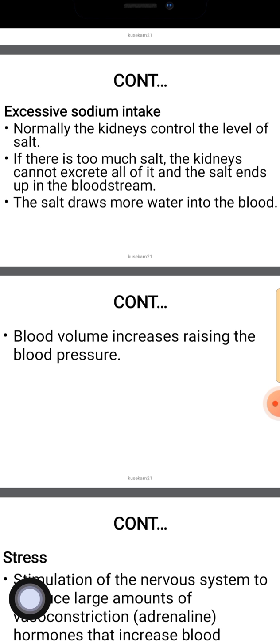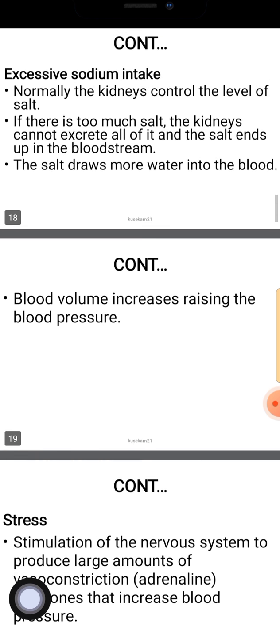Since there is excessive fluid in the blood vessel, the heart will start pumping fast to distribute this blood to all parts of the body. But since there is congestion, someone will have high blood pressure.